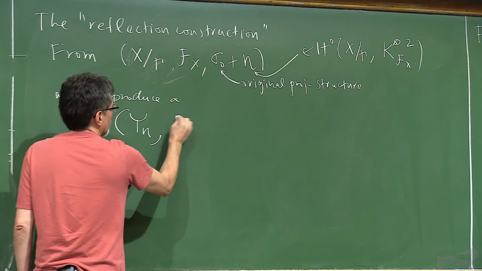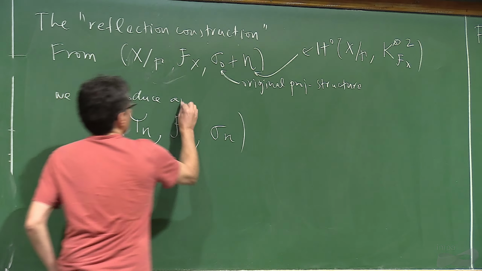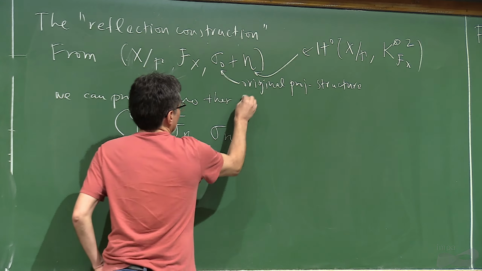So we will produce a new manifold, another foliation, and another projective structure along the leaves. Okay, so I am not telling you how this is done, but you can glue this together. Another foliated projective structure.